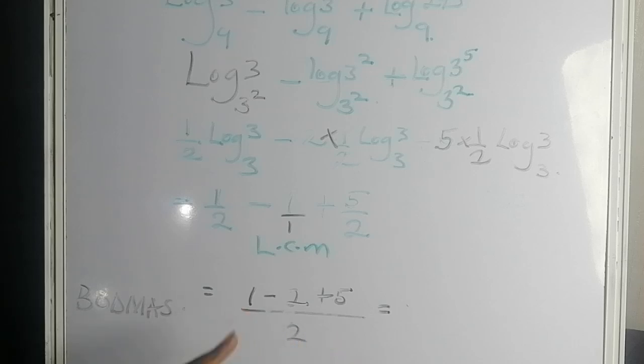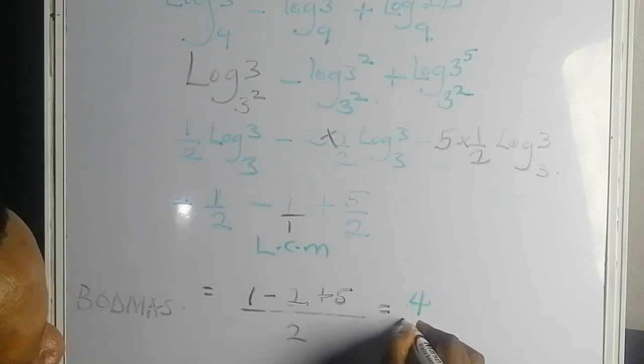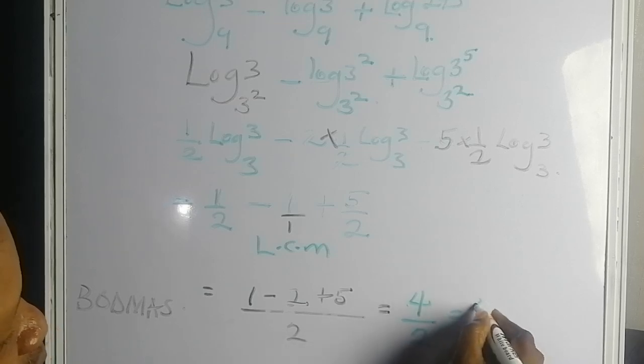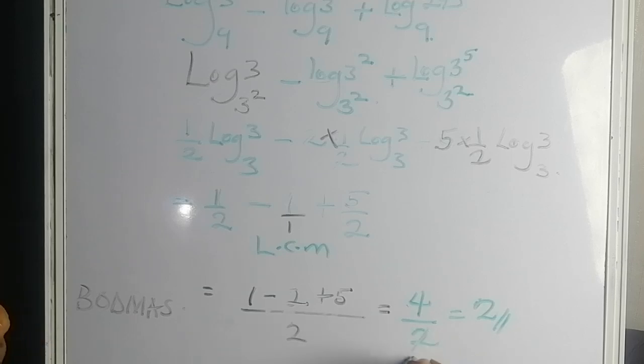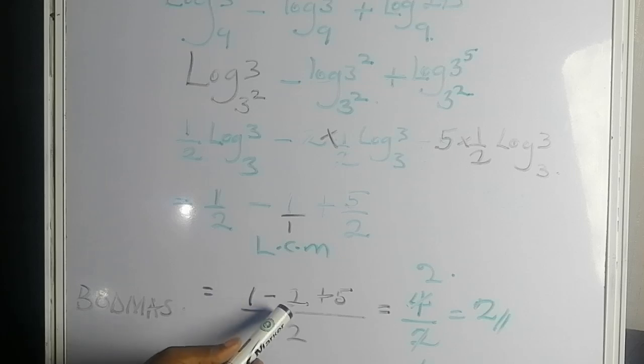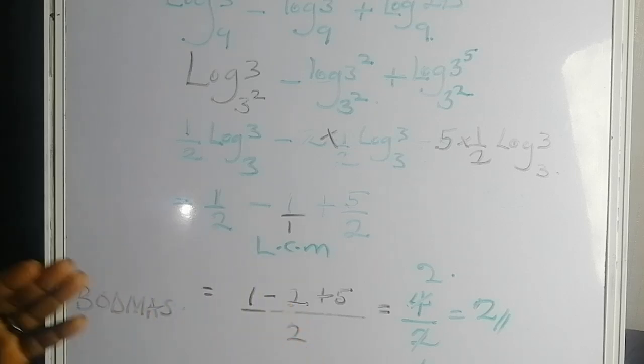So 3 plus 1 will give you 4. You can press your calculator, you will still get the same answer. So this is as simple as 4 over 2. So 4 divided by 2, you will get your 2. It's as simple as that. Either you apply BODMAS or you do it directly, 1 minus 2 minus 1 plus 5 will still give you 4.